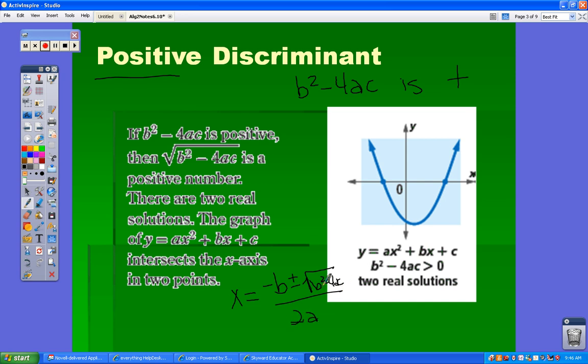So I'm going to add something to it and subtract something from it, and I'm going to get two different answers. So if b squared minus 4ac is positive, you are going to get two real solutions that I could find using the quadratic formula, or from second calculate zeros on my calculator, or some method.